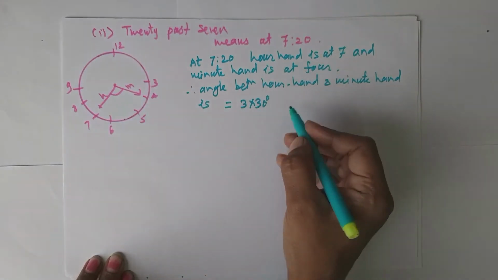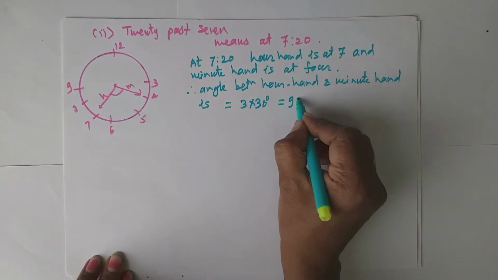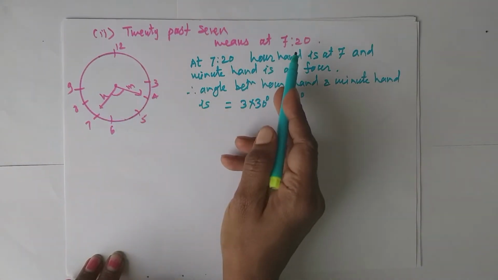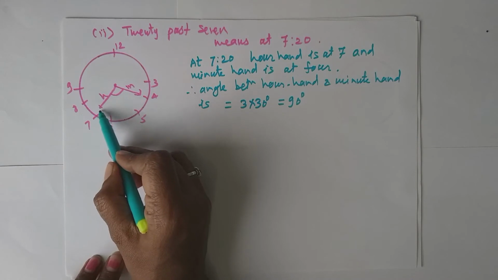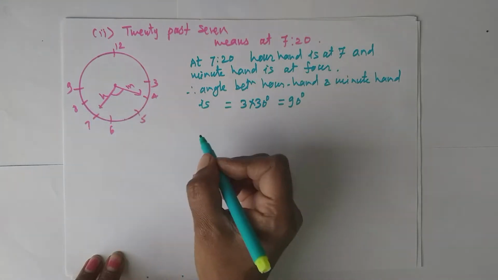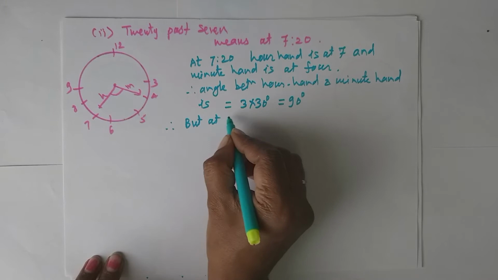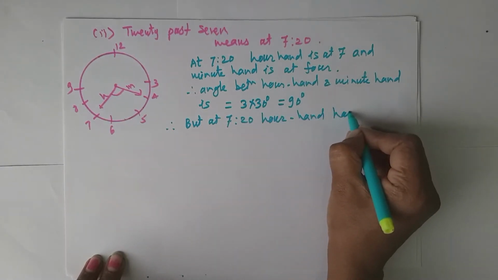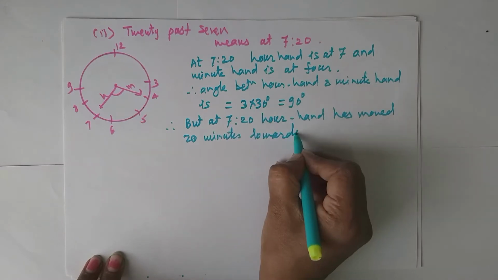There are 3 divisions. Therefore, 3 into 30, that is 90 degree. Okay. But see here at 7:20 hour hand is not exactly on 7. It has moved 20 minutes towards 8.